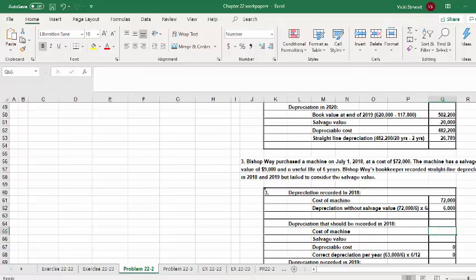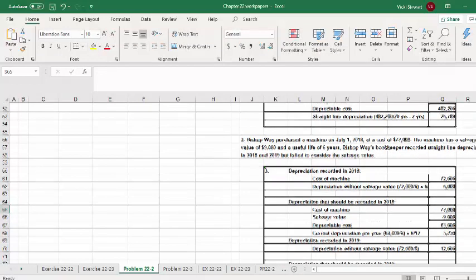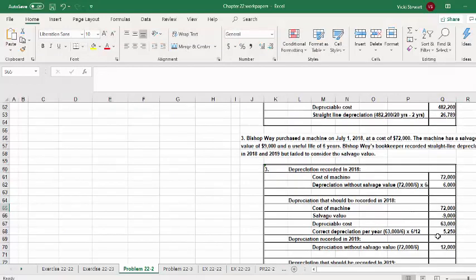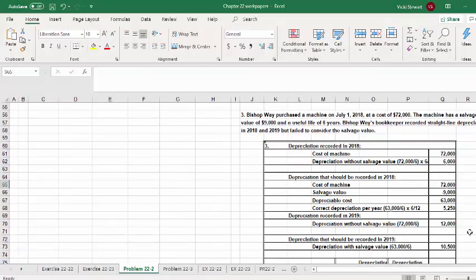The amount that should have been depreciated that year would have been $72,000 minus the $9,000 salvage value, or for one half of the year, $5,250. This continued on in 2019, and the bookkeeper depreciated the equipment at $12,000 when it should have been depreciated at $10,500. So this was a full year.